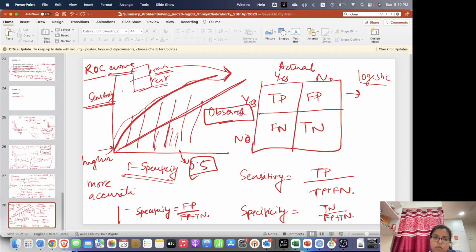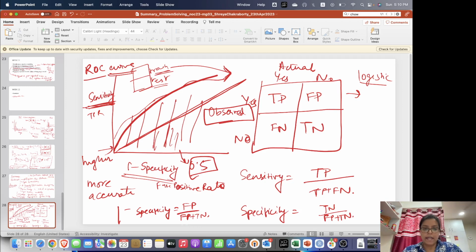One more thing, so both of these are error rates, right? The sensitivity is like the true positive rate, and 1 minus specificity is like the false positive rate. These terms are used interchangeably because this is false positive by this.